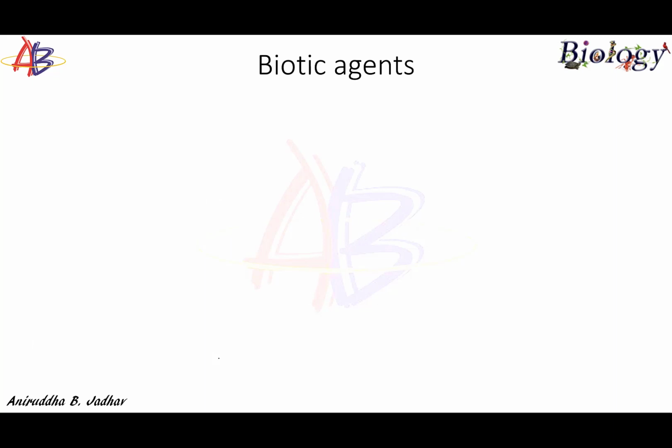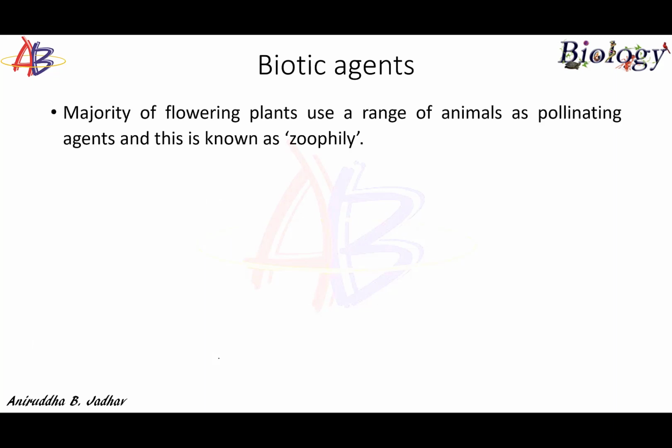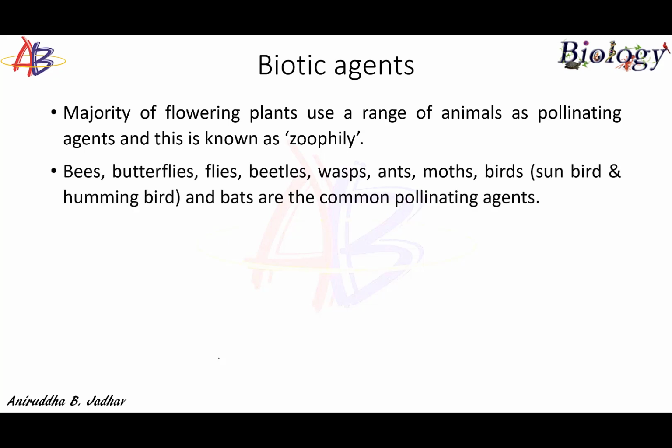Next, biotic agents. A majority of angiosperms use a range of animals as pollinating agents, and pollination by animals is generally termed as zoophily. Honeybees, butterflies, beetles, wasps, ants, moths, birds, particularly small birds like hummingbirds and sunbirds, and bats are common pollinating agents.